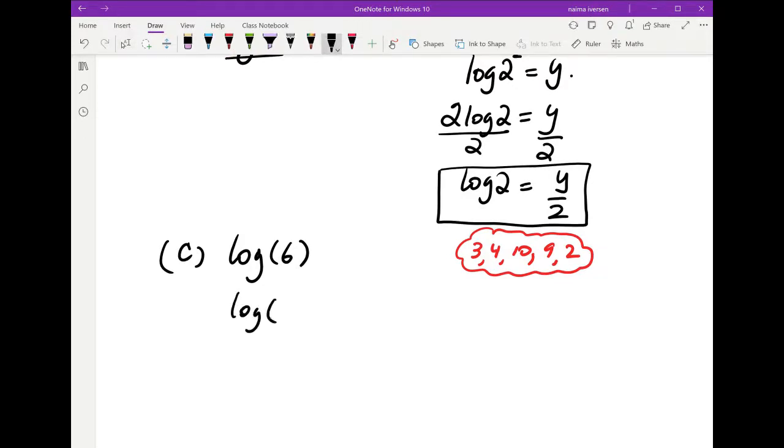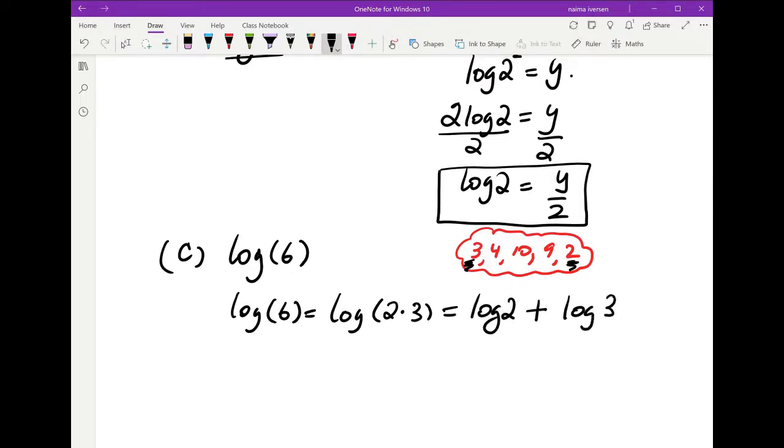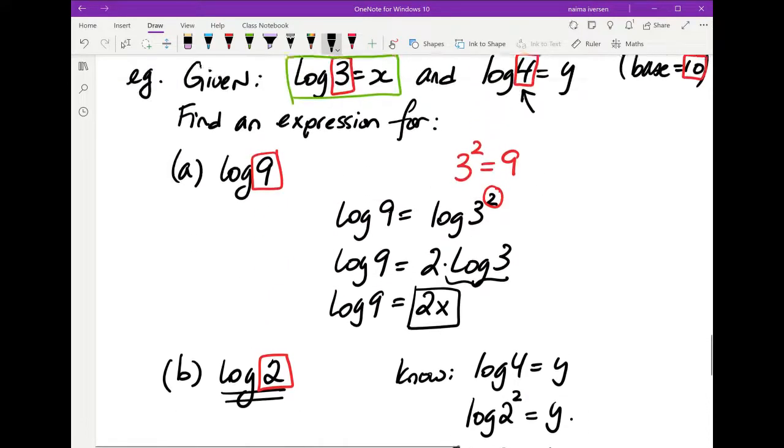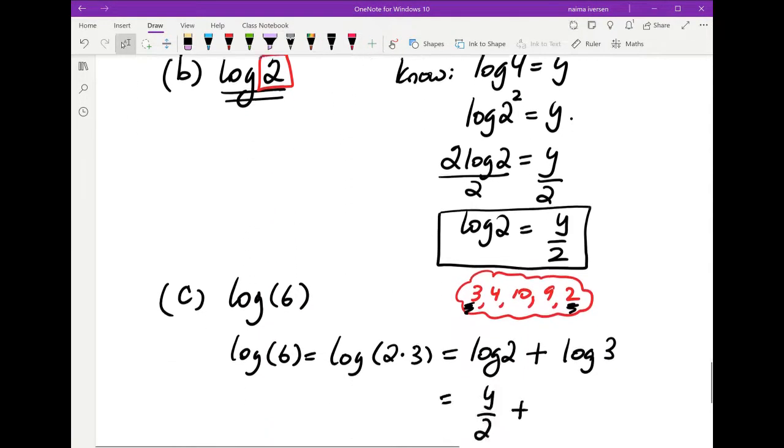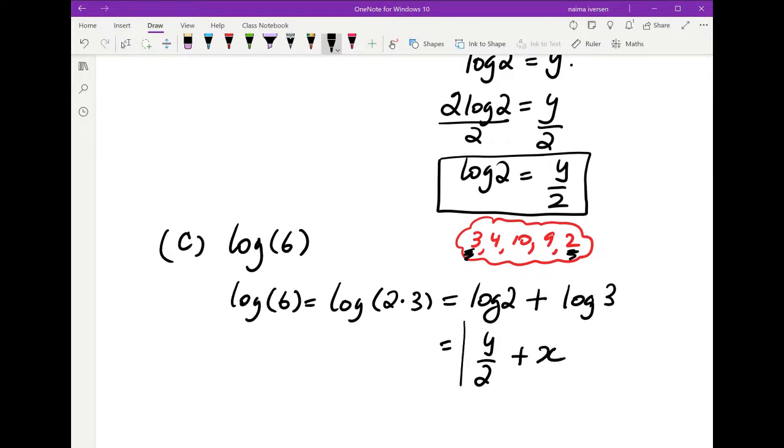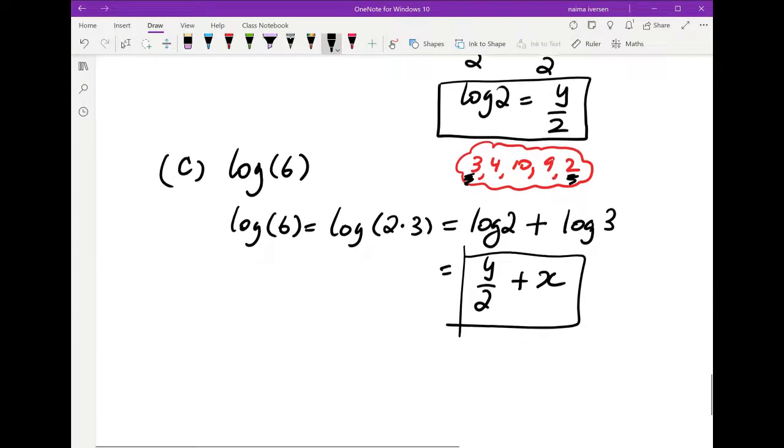Hopefully you can see it. Log of 6 is equal to log of 2 times 3. So I'm going to use this guy and this guy. That's going to equal log of 2 plus log of 3. We can split up those logarithms. We just figured out that log of 2 was y over 2, and we were given that log of 3 was equal to x. And so your expression would be y over 2 plus x.